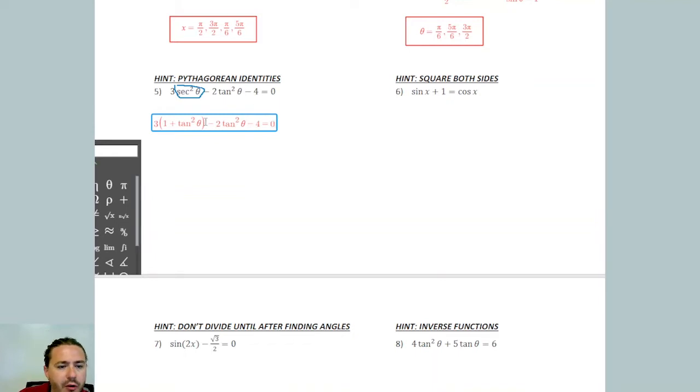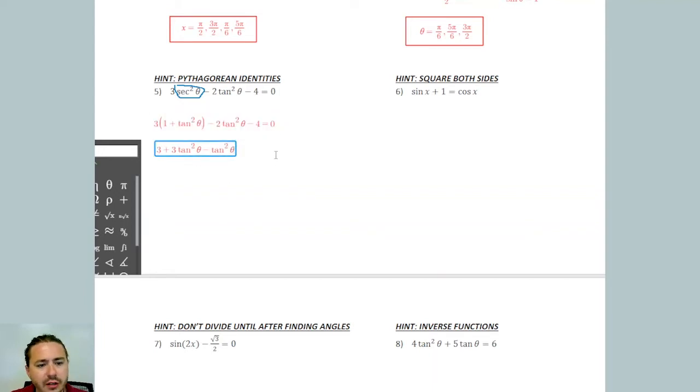From here, I'm going to distribute my 3. It'll give me 3 plus 3 tangent squared theta, and then minus 2 tangent squared theta minus 4 equals 0, the rest of this will just stay the same.